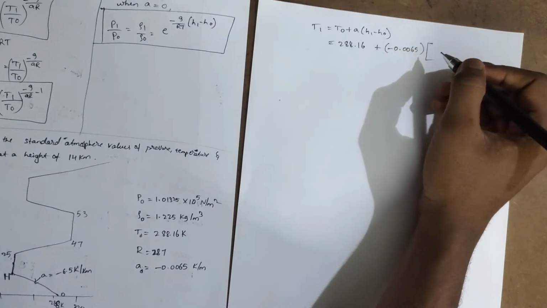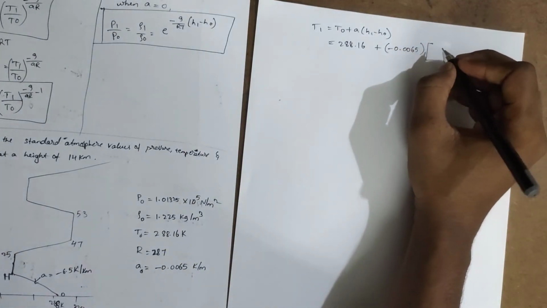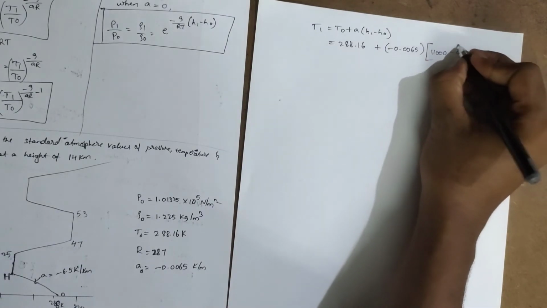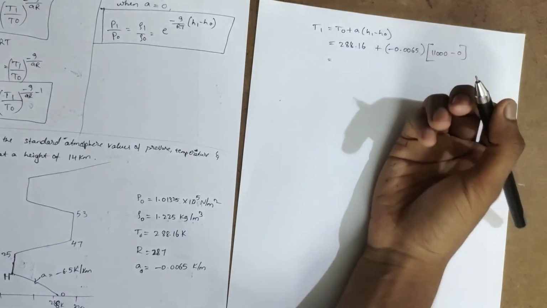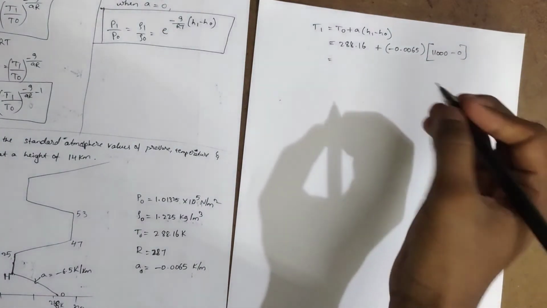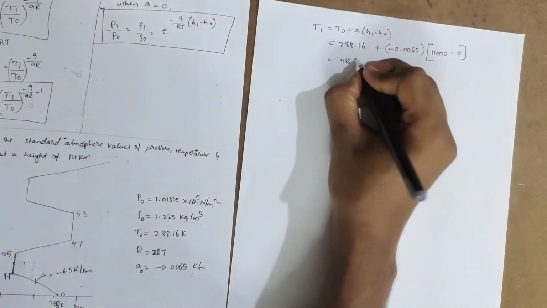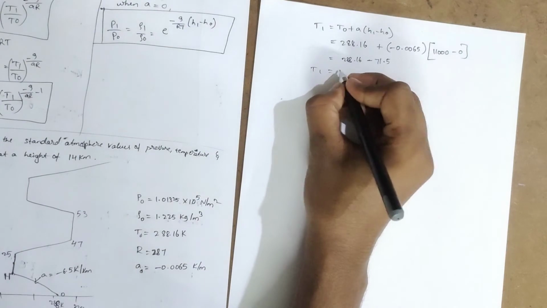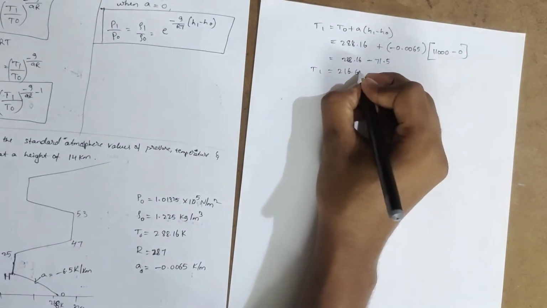Height we need to take in meters. So 11 kilometers is nothing but 11,000 meters, minus 0. So we'll calculate it, which is around 288.16 minus 71.5. So T1 is 216.65 Kelvin.